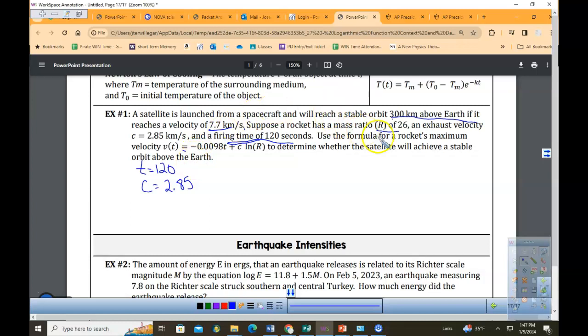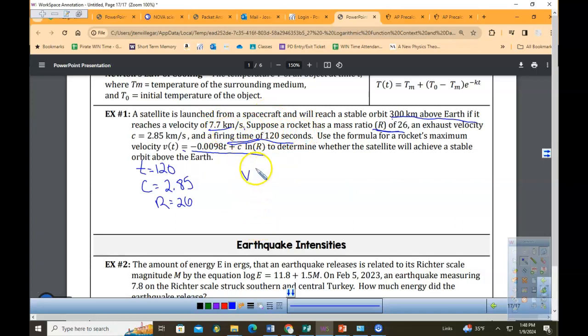R is 26. All right. Do we have everything we need to plug into this equation to find our velocity? We do. And it needs to be at least 7.7 to get stable.